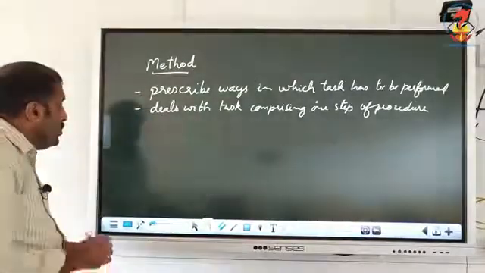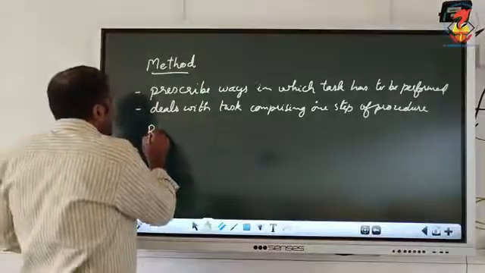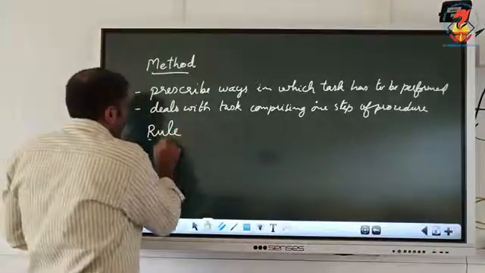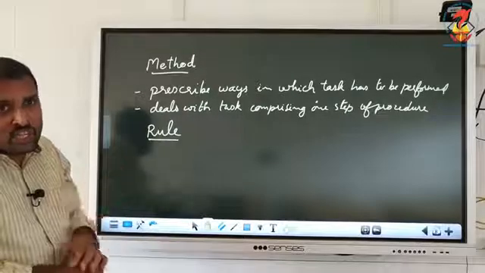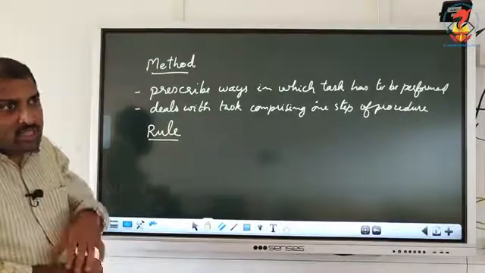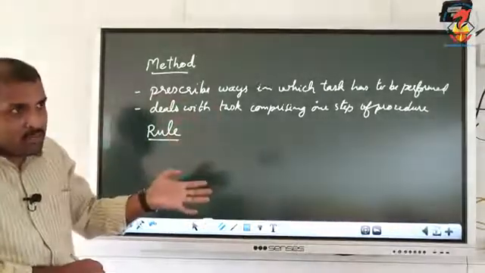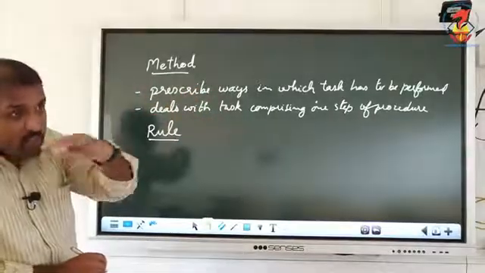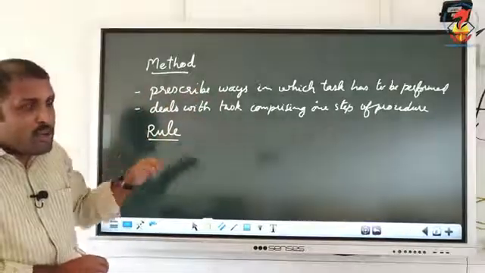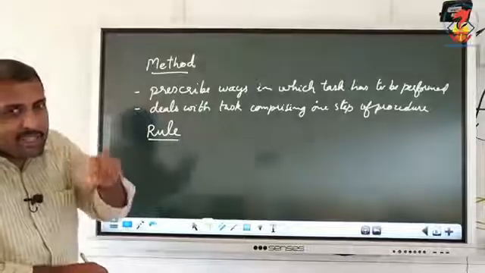Now, coming on to the most familiar type of plan, that is rule. In policy, we said that policies are general statements. That means it is a general norm given. Children has to be punctual to school. It is a general norm. But in rule, it is clearly stated.